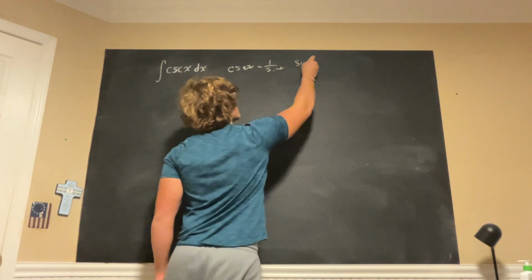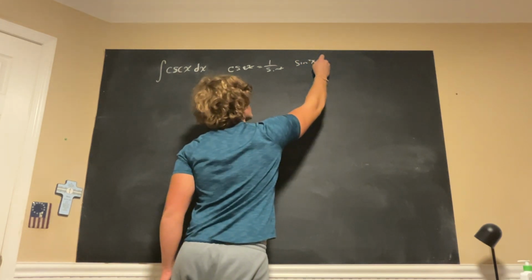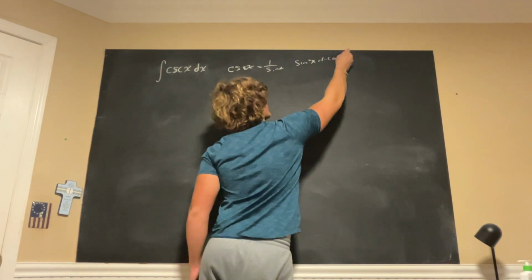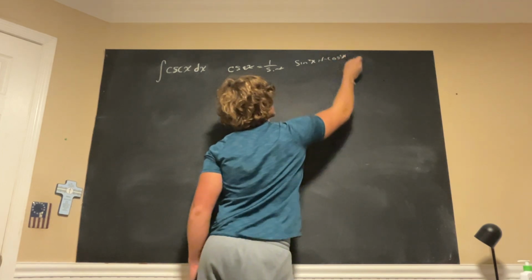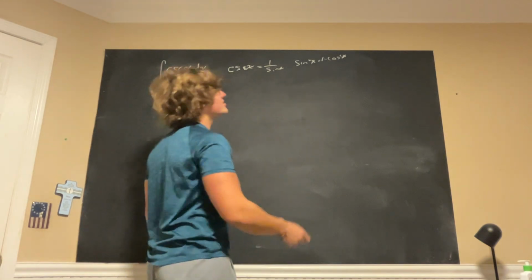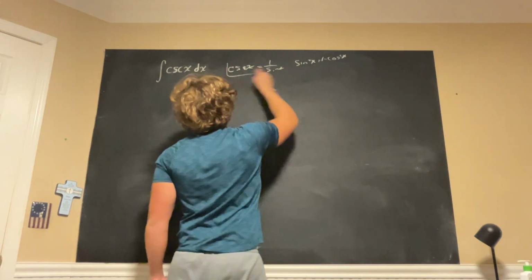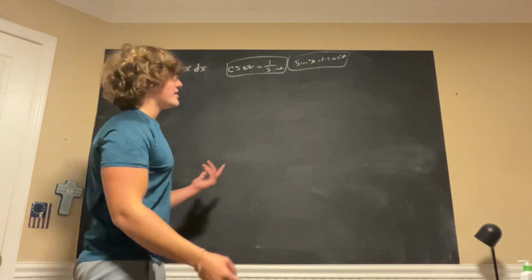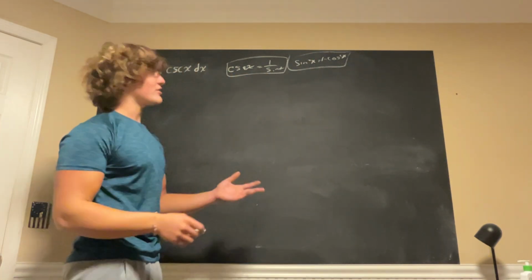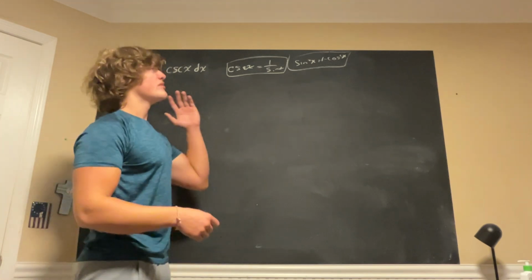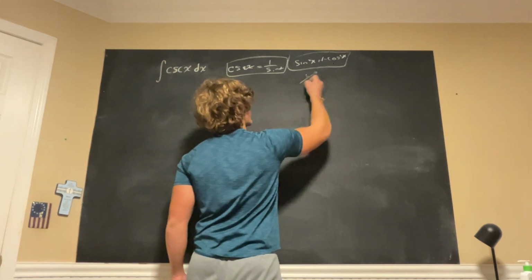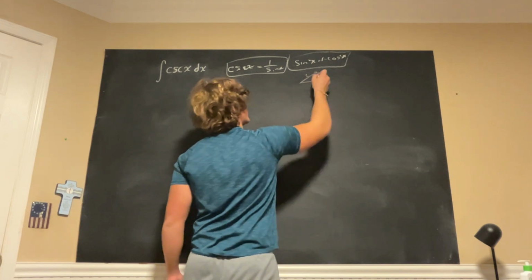Sine squared x is equal to 1 minus cosine squared x, by the Pythagorean theorem, since sine of x is the y component on the unit circle and cosine of x represents the x component on the unit circle, so they form a triangle of length 1 when you square them.